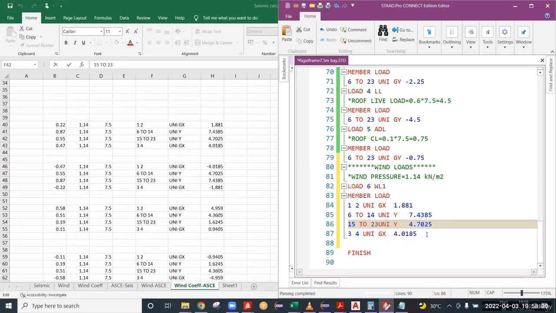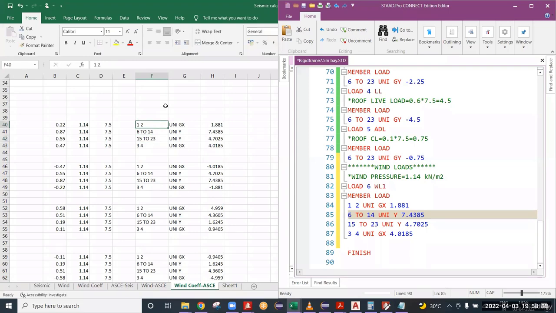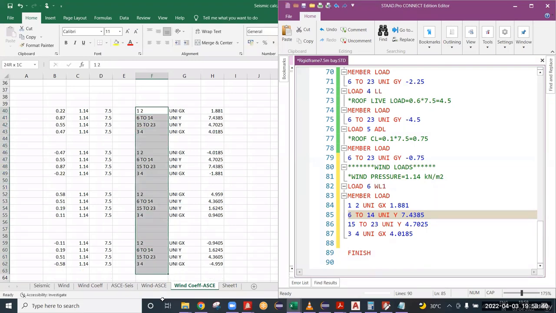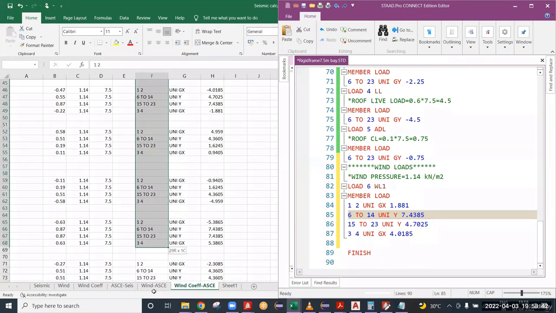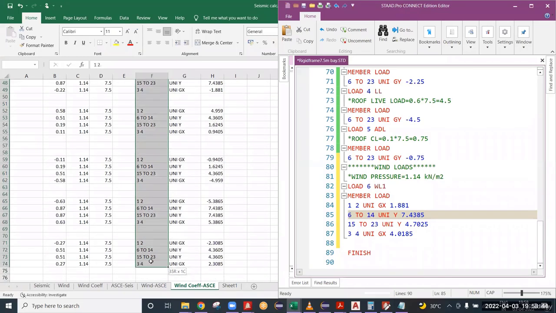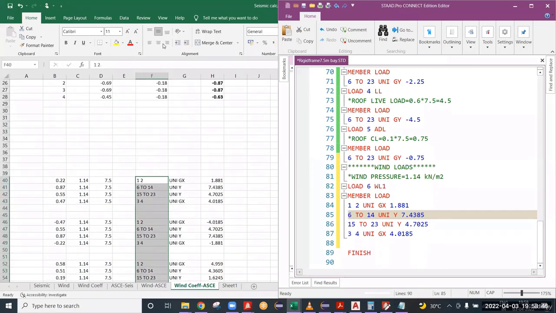I'm just changing this font to this one.